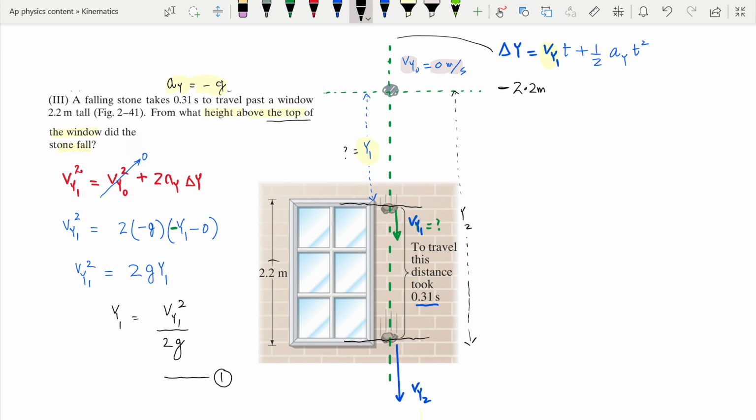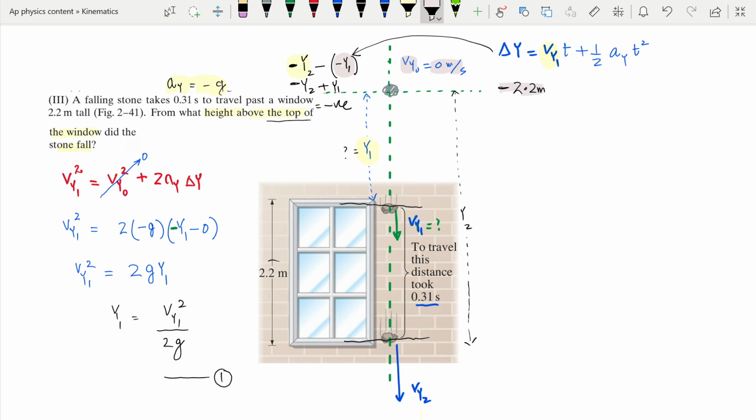And you can see that if I put in the values, it should be negative y2 minus negative y1, because the displacement is downward. So this is the final position and this is the initial position, and when I open the parenthesis it becomes plus y1, so our answer will still be negative.